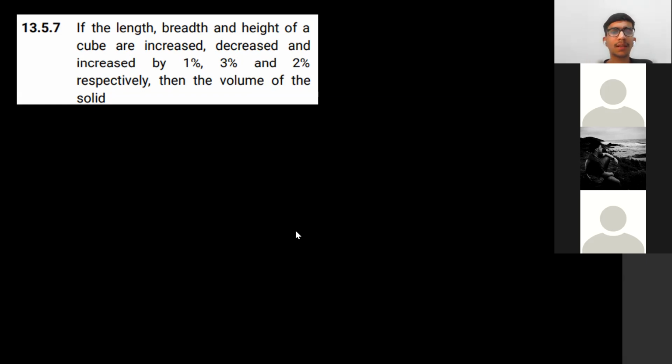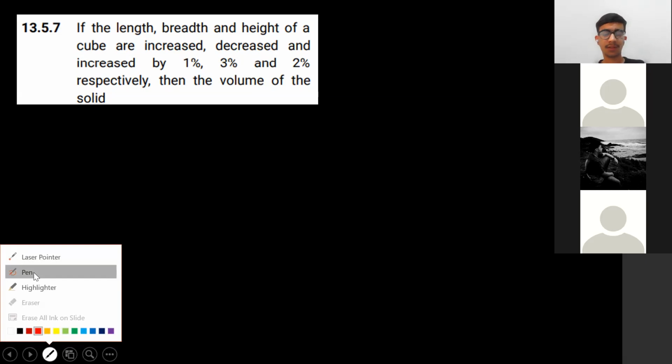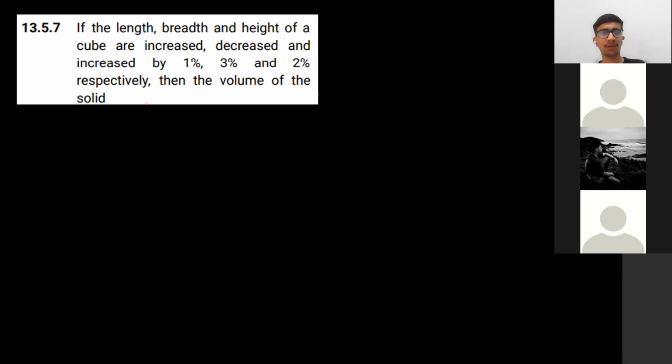What is this 0.99 centimeter cube? So volume. You don't have to, okay. Basically, you have to calculate the percentage increase or decrease. The question says volume of the solid.